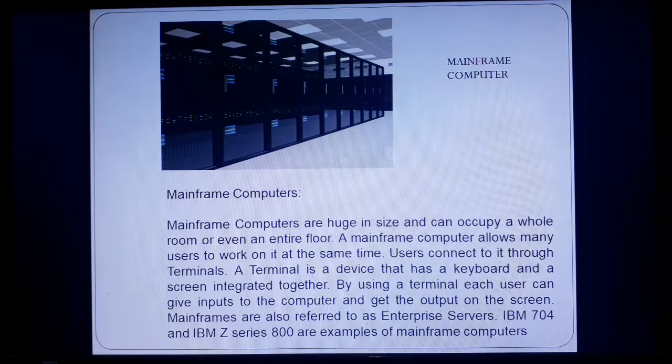IBM 704 and IBM Z Series 800 are examples of mainframe computers. I have already explained these points, but I am revisiting them to revise types of computers so that you can easily do your homework.